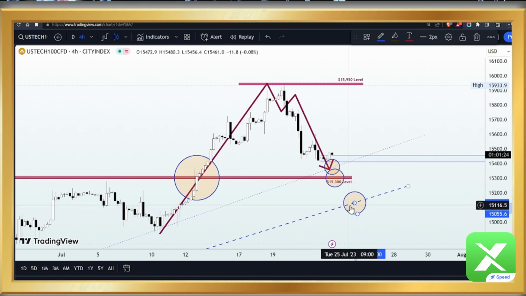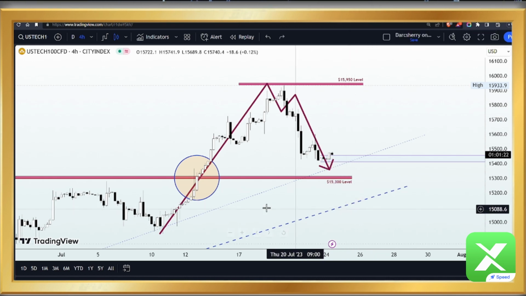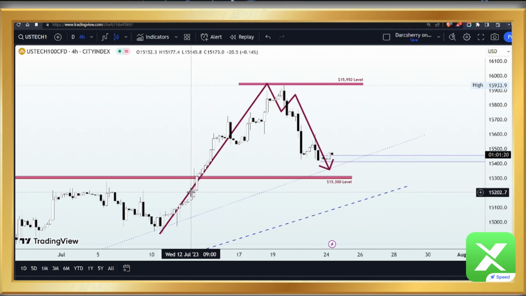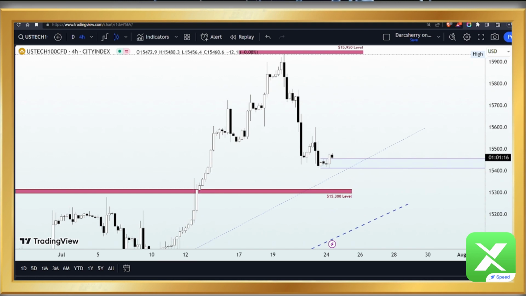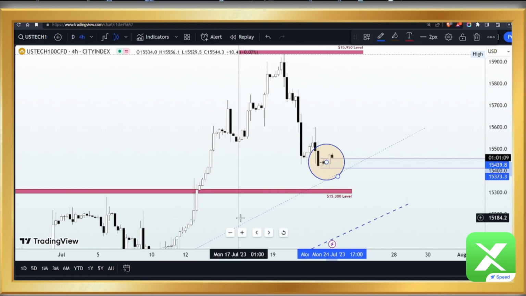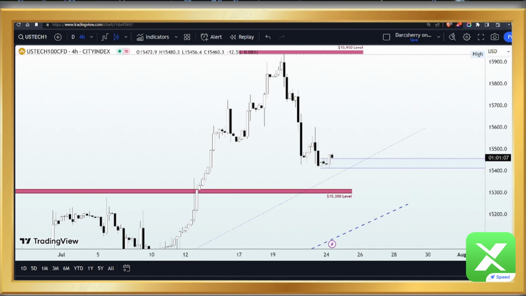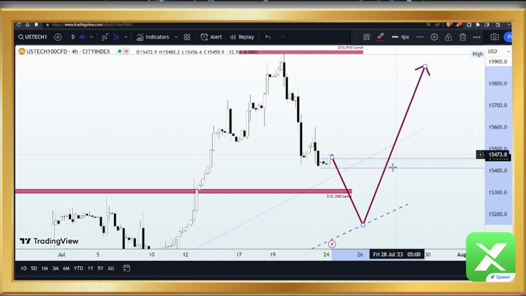Now, to have a better perspective on what is going on here, we will need to scale down into the lower time frame, where we want to see how market participants have been reacting to the zone around the 15,450 to determine if we are going to be seeing selling pressure or probably a bearish continuation pattern that could likely push price to any of these trend lines, the key level at the 15,300, or this one before another wave of bullish momentum happens.